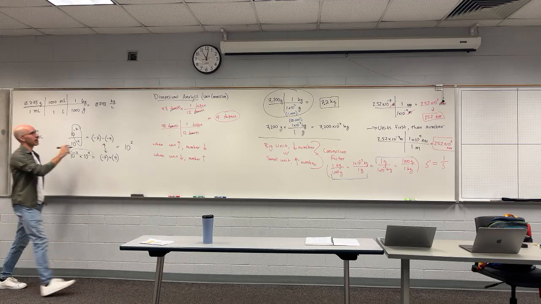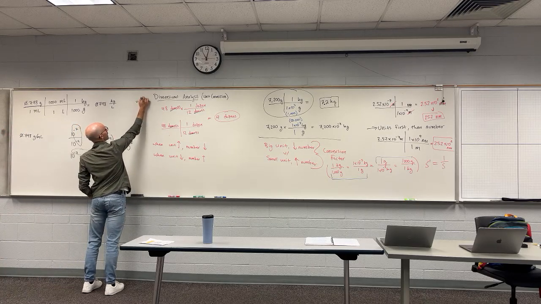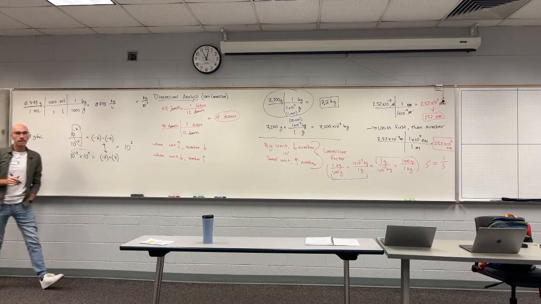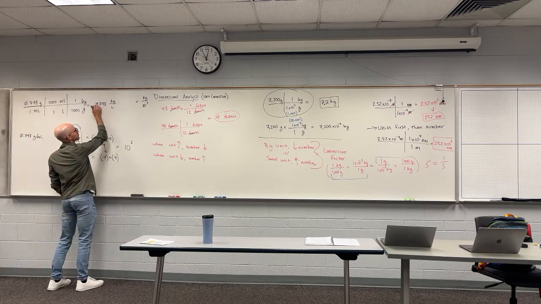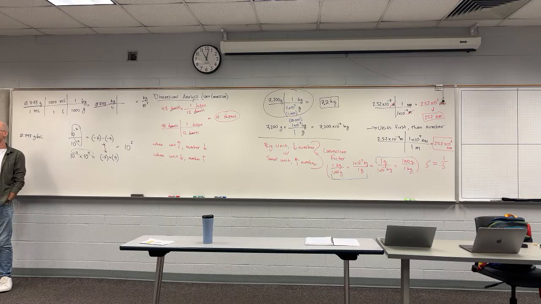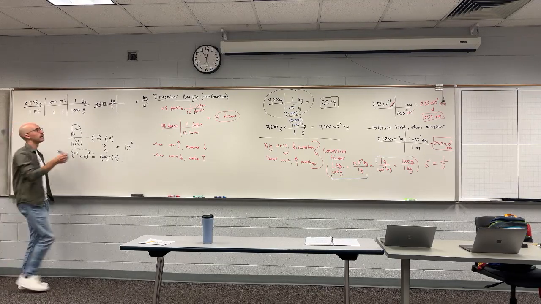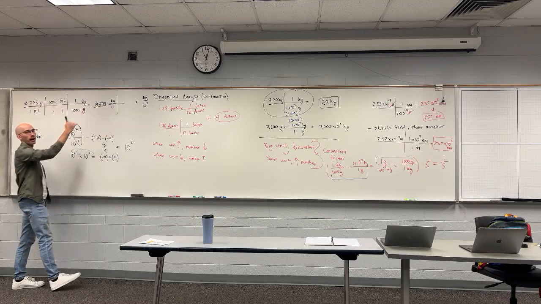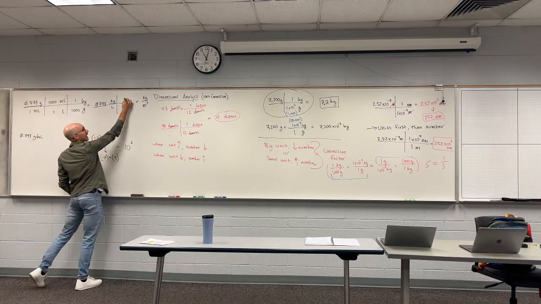Now, if we change this into kilograms per cubic meter, I don't need to change kilograms at all. I just need to change liters into cubic meters. Where does liters go? Top or bottom? Top. Good, it needs to cancel.